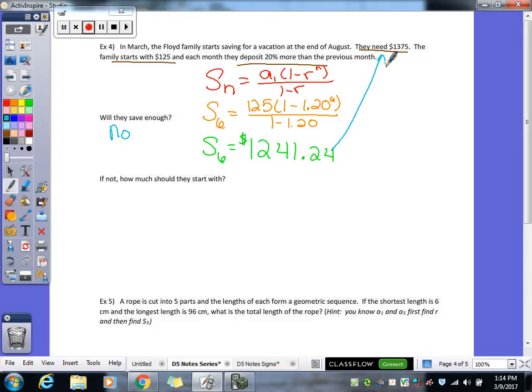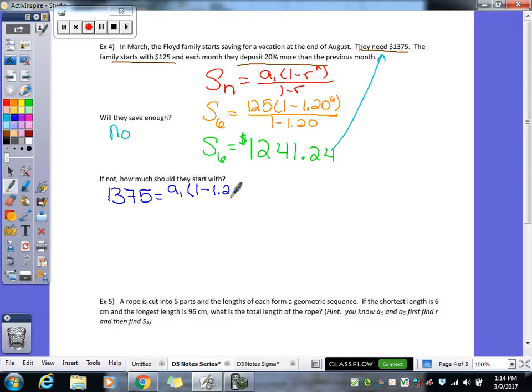So now to answer our second question, if not, how much should they start with? So we're going to plug in for our sum the 1,375. Our n is still going to be 6. What we're looking for this time is your a sub 1. We're looking for that first term, that first month.